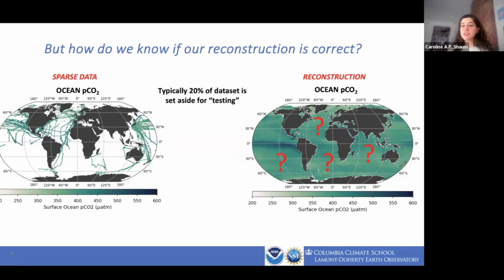And at 20% of these spots where we had data, it will go, okay, this is what it should have gotten, this is what the prediction was, and now I will measure the error between these two values. But as you can see on the left, and like we've talked about, there's very little data to begin with. So 20% of very little data is a very small amount of testing that we're able to do.